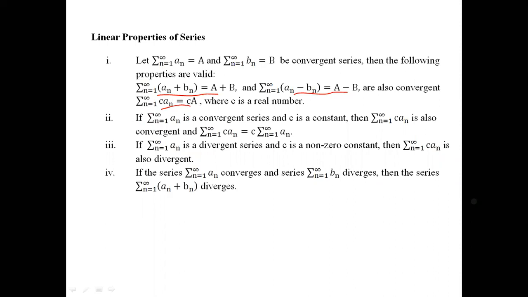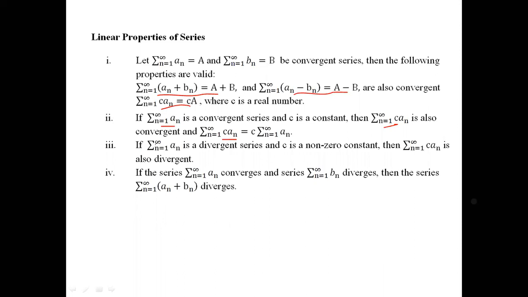So if we go to number 2, if sigma AN is a convergent series and C is a constant, then sigma CAN is also convergent, and sigma CAN with n ranging from 1 to infinity is equal to this. Have you seen? Even this property is similar to the property we discussed under sequences. So these things are very much related.